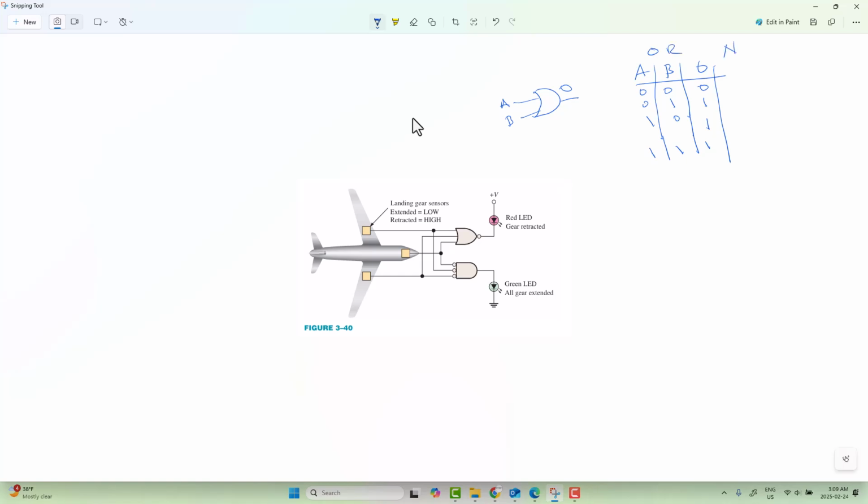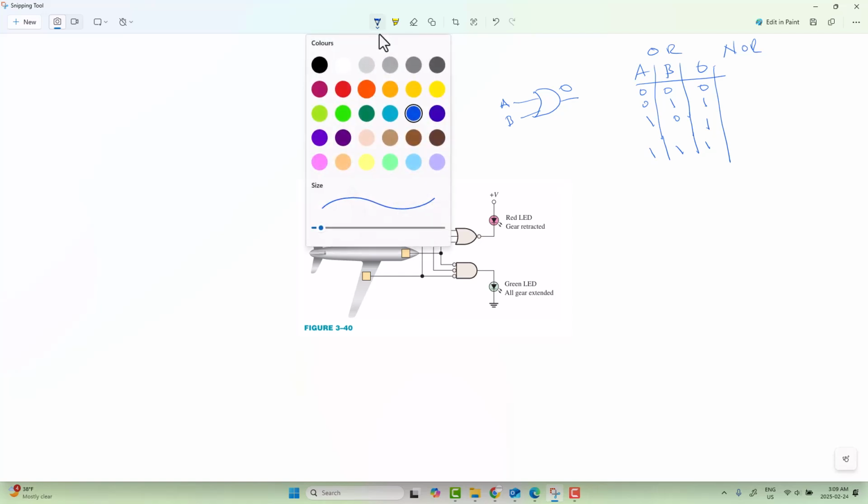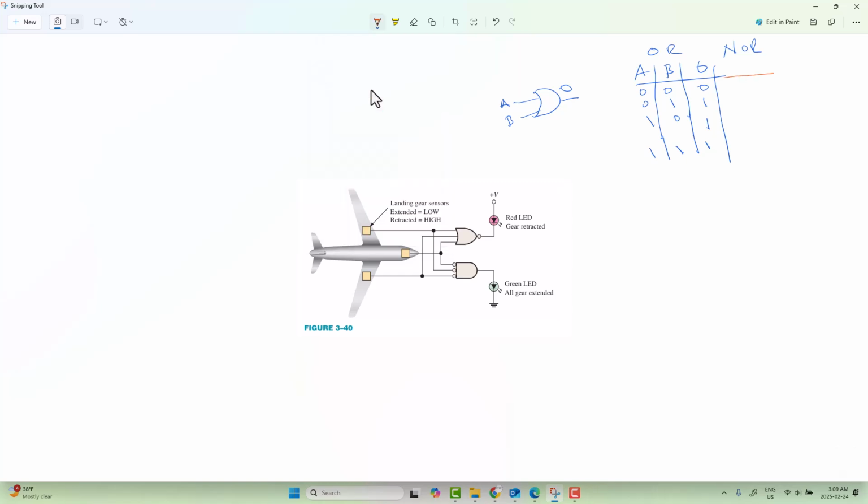Now the NOR behaves the opposite. So we're going to see the opposite of this one. This one is 0, and it's going to be 1. If we draw the diagram, it is an OR with a circle in the front indicating the NOT.